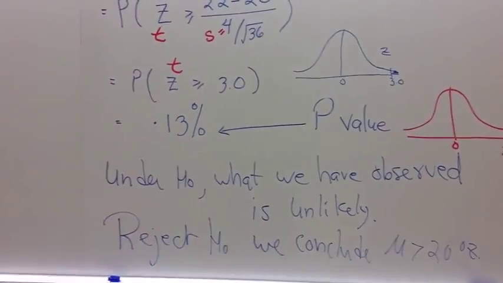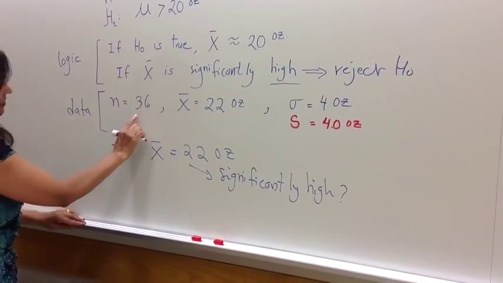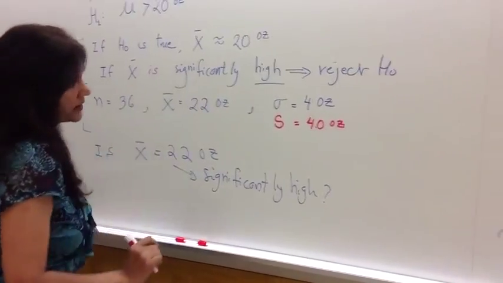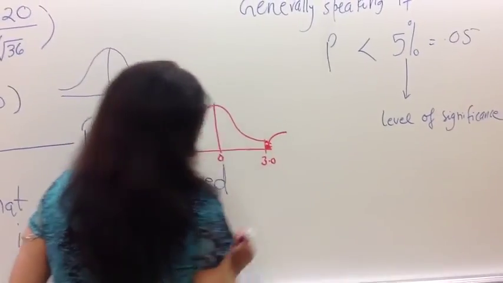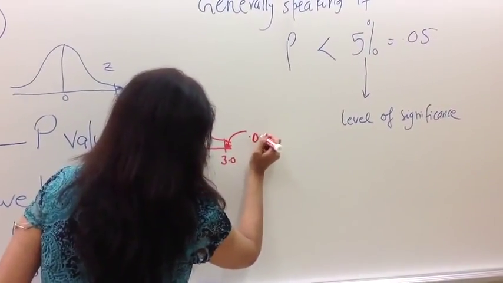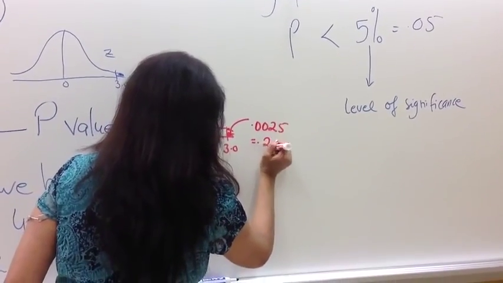So where did that 35 come from? N is 36, so the degrees of freedom is 36 minus 1, which is 35. So from the T table, this area turns out to be 0.0025, roughly, or 0.25%.